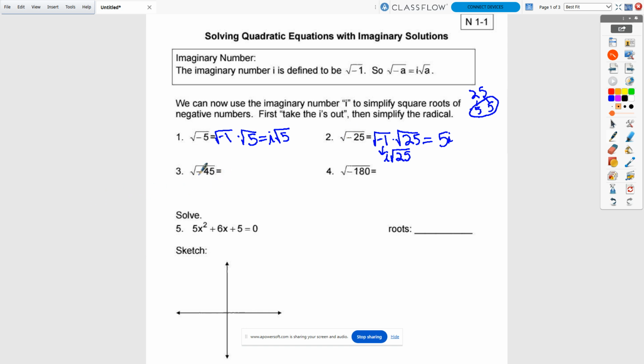We'll do the same thing for the square root of -45, but let's go ahead and just do a little bit of our splitting up here. I split this up into a -1 and 45, which I could split up into 9 times 5.